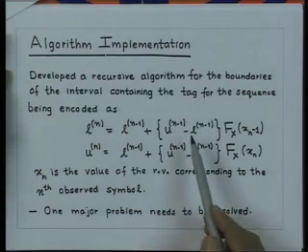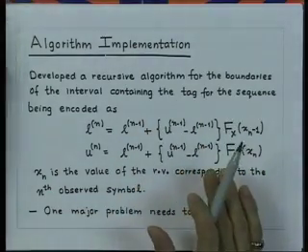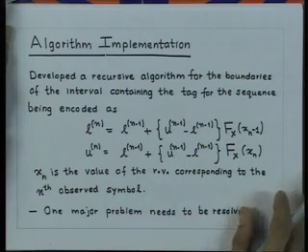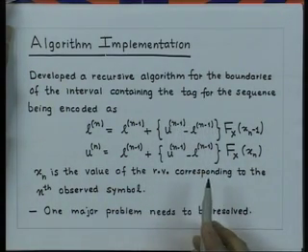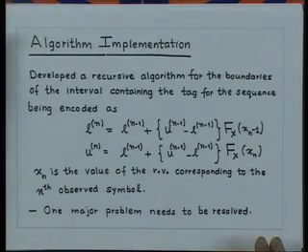Now, one major problem needs to be resolved while implementing this algorithm. Recall that the rationale for using numbers in the interval 0 to 1 as a tag was that there are an infinite number of numbers in this interval. However, in practice the number of numbers that can be uniquely represented on a machine is limited by the maximum number of bits we can use for representing the number.